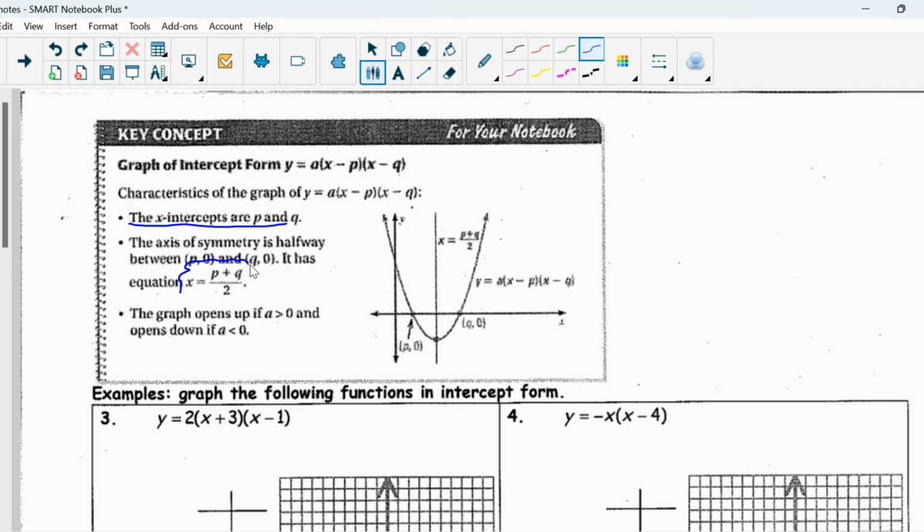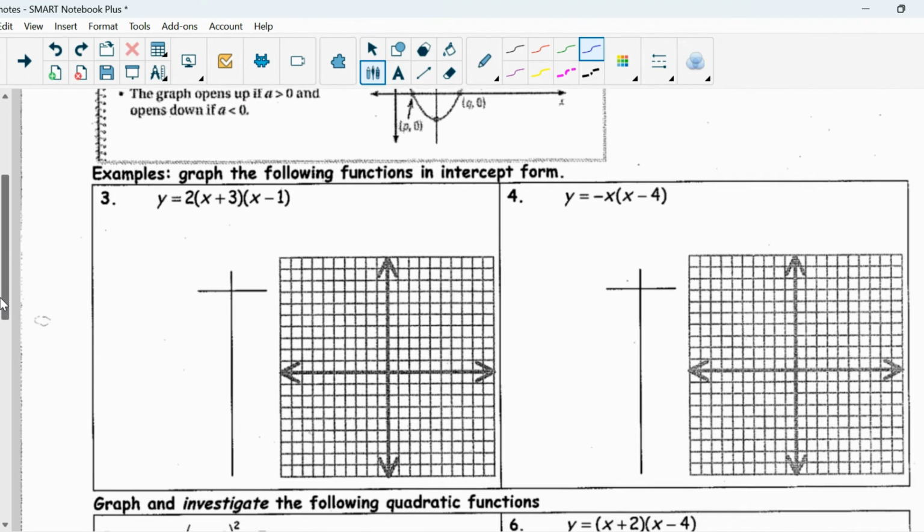This is very important when it comes to this form. And same as all of our forms thus far, if a is greater than 0, it opens up, and if a is less than 0, it would open down. Okay, so let's just take a look at number 3 for now.